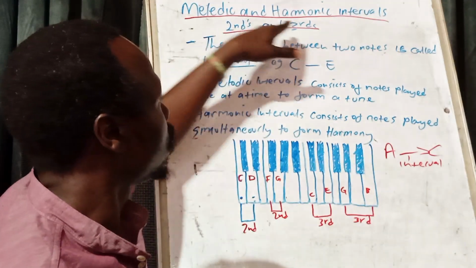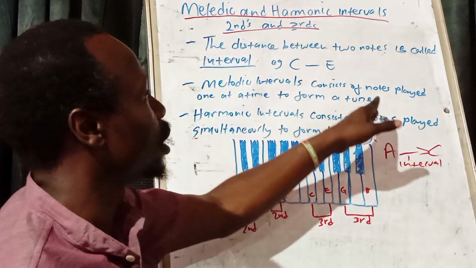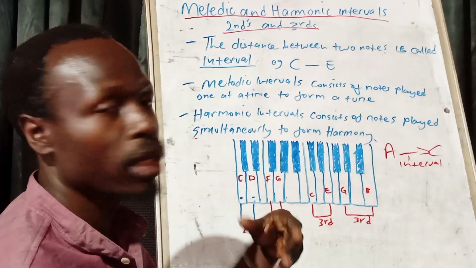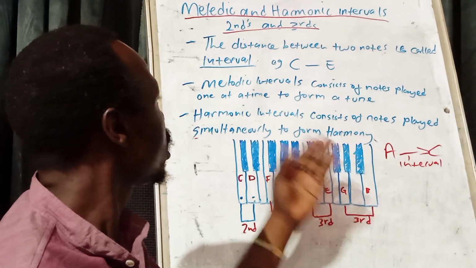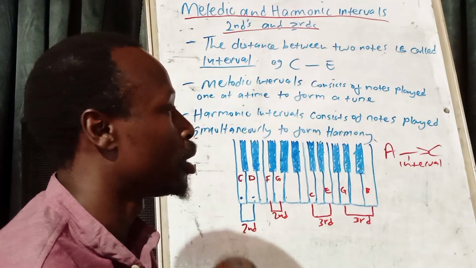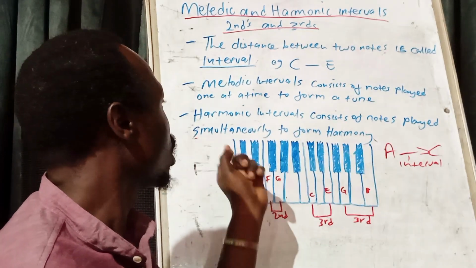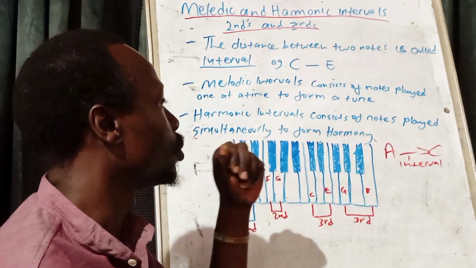The distance between two notes is called interval. Melodic intervals consist of notes played one at a time on the piano, or sung one at a time. Harmonic intervals consist of notes played simultaneously to form harmony.